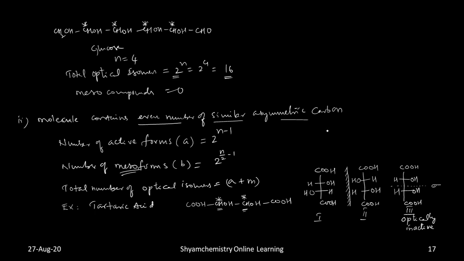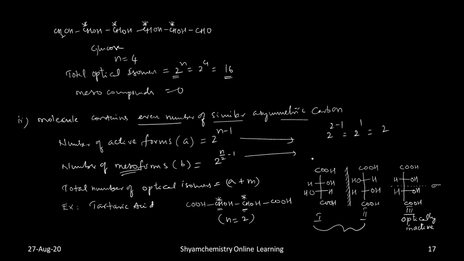Okay. Let us calculate from 2 to the power of n minus 1. Here n is equal to how much? 2. Right? n is equal to 2 means 2 to the power of 2 minus 1, that equals 2 to the power of 1 equals 2. Okay. Number of active forms is 2.